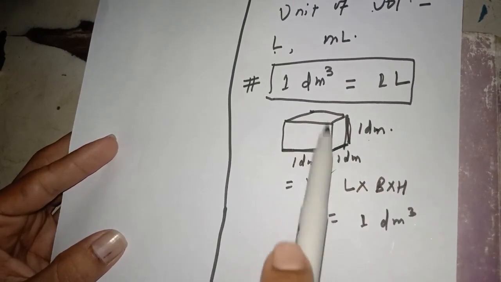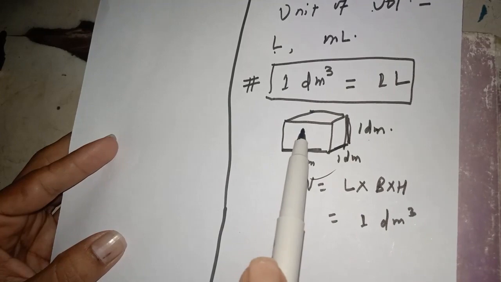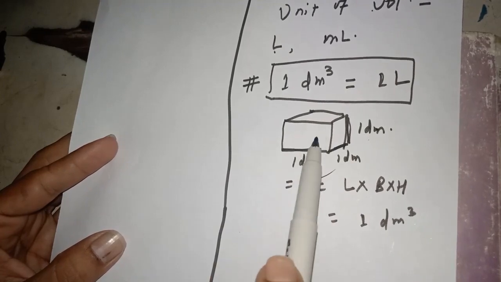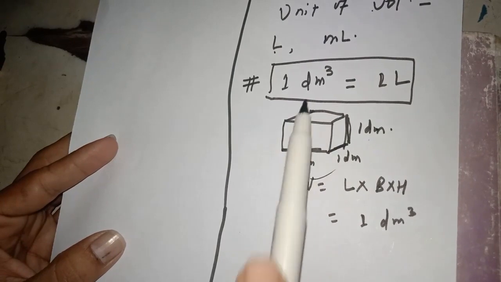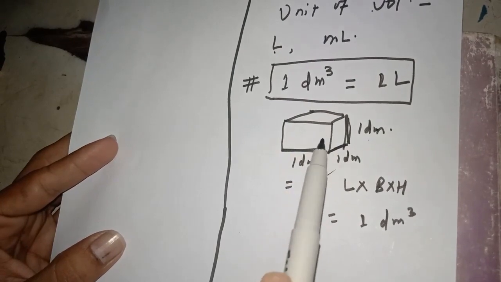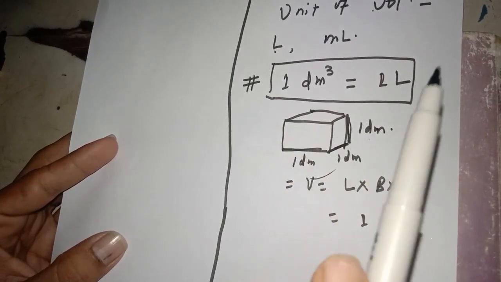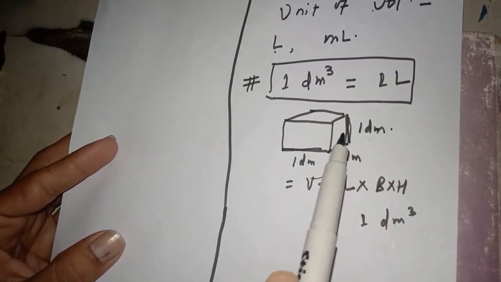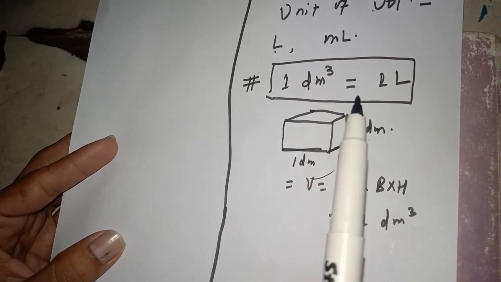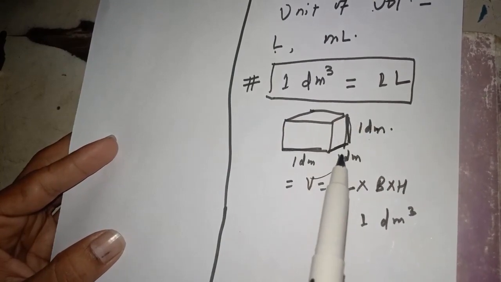So how is 1 liter defined? If you pour liquid in this box and fill it completely, then the space covered by this substance is known as 1 liter. Have you got my point?